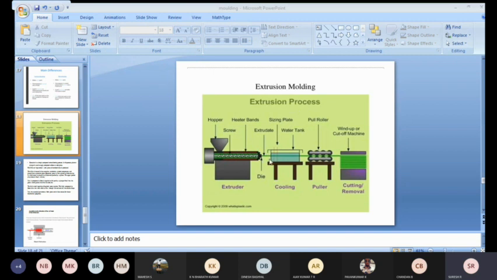In whichever direction we apply the speed of the ram, the material moves out in that direction. The punch moves towards the die during the extrusion. This is the die. As the punch moves towards the die, compression takes place, and it forces the raw material to push in the given direction. So that is the direct extrusion.